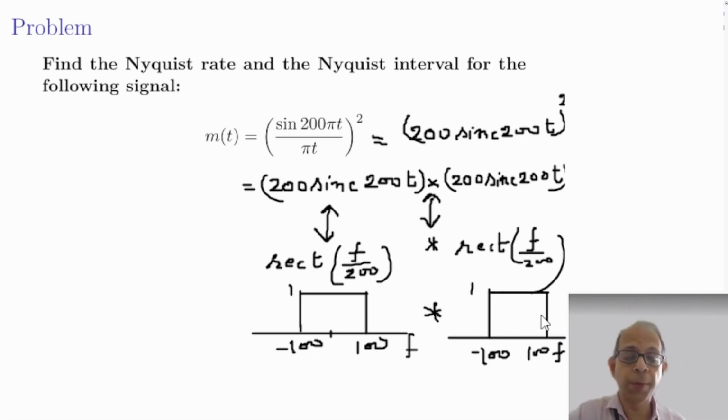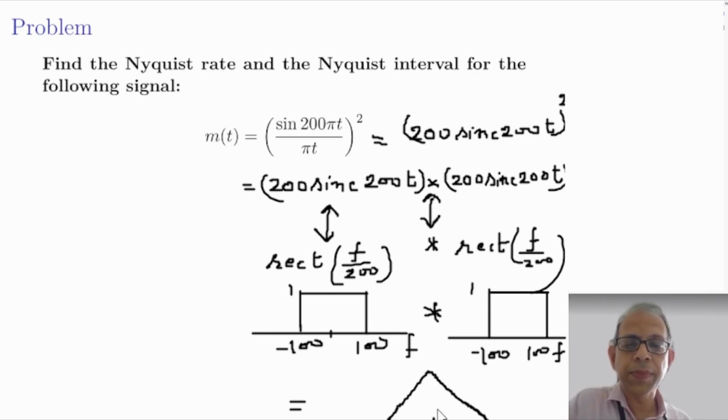And we know from our knowledge of convolution that when two rectangular pulses of the same width are convolved, the resultant signal is a triangular pulse. So the result is a triangular pulse on the frequency axis.